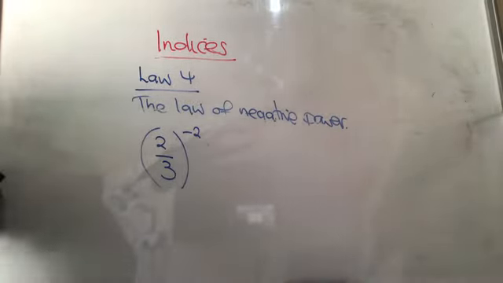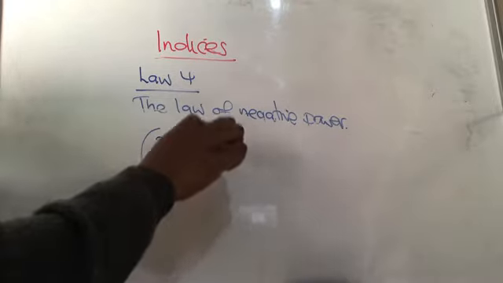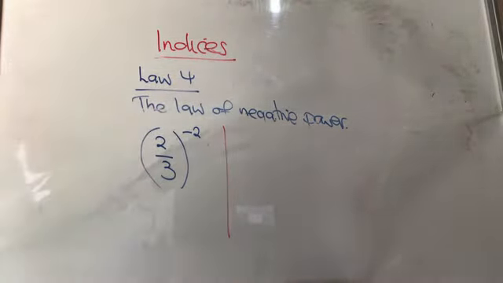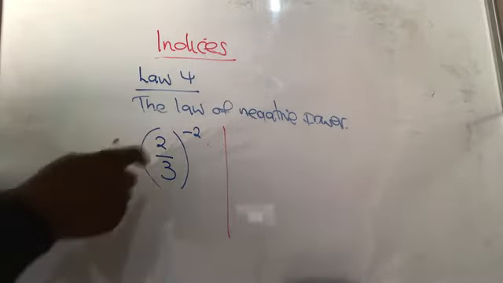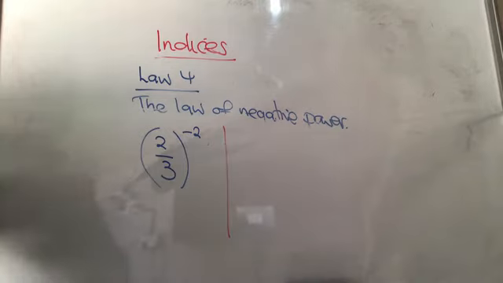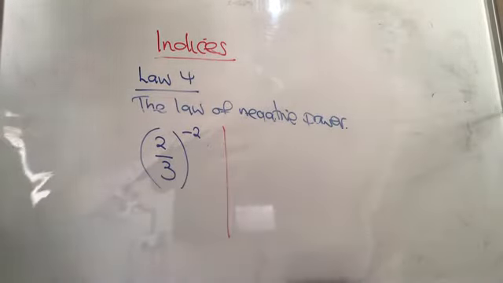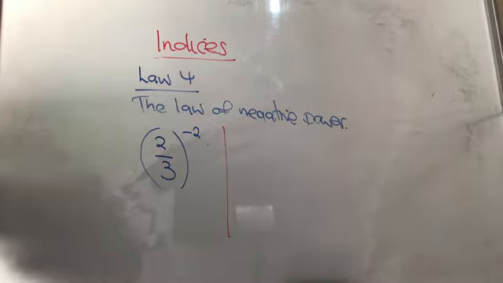So for me to check the base, I know it's a fraction. And for me to check the power, I can see that it's negative. So how best can I come up with the answer? I have to make this power positive.